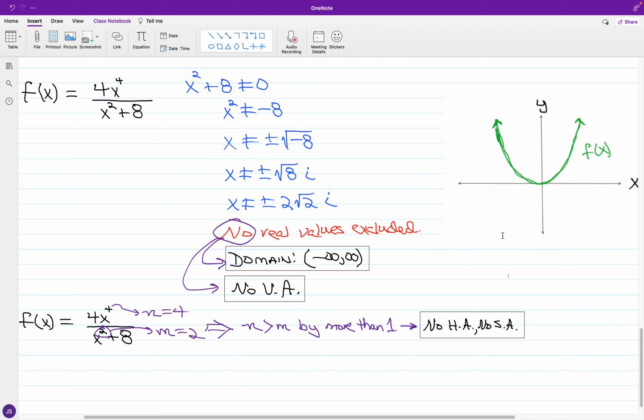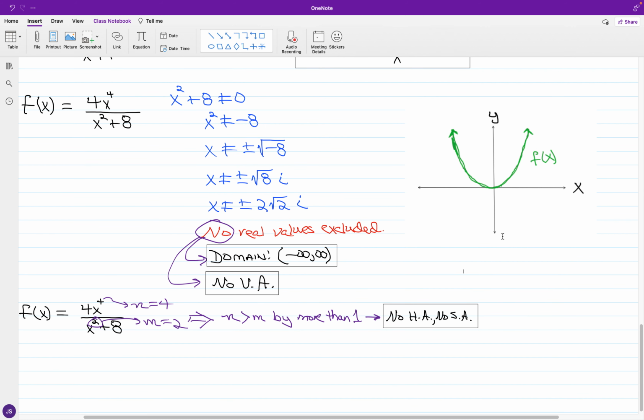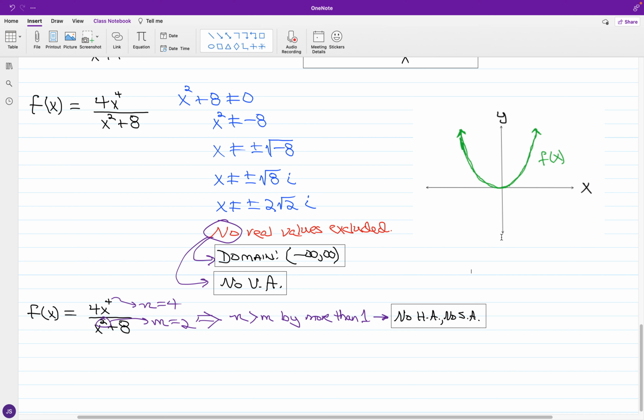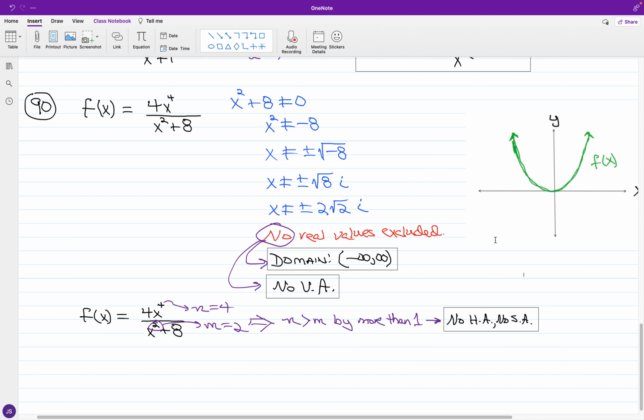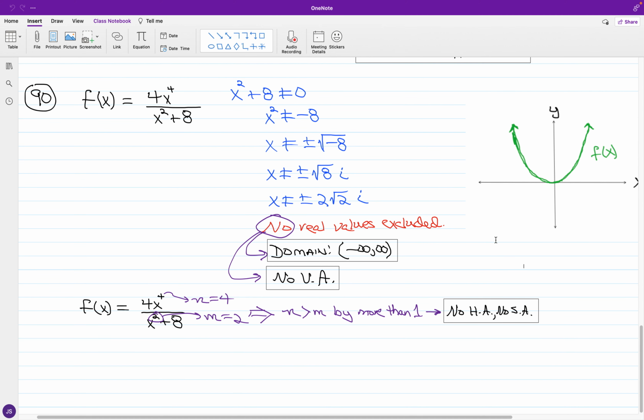All right, and we'll be looking at how the behavior of the graph of a rational function can tie in with what we looked at earlier: end behavior, zeros, multiplicities, and where the graph crosses and touches the x-axis.